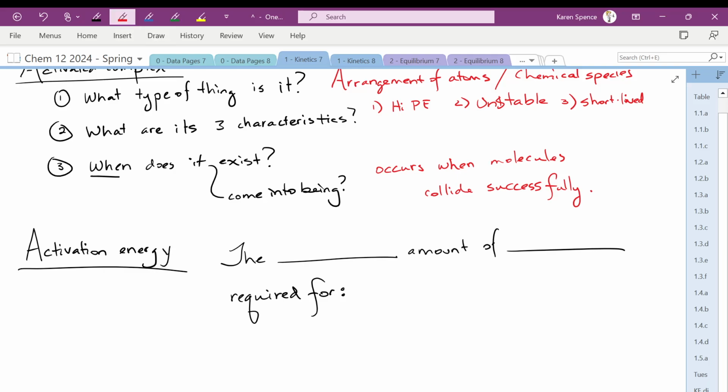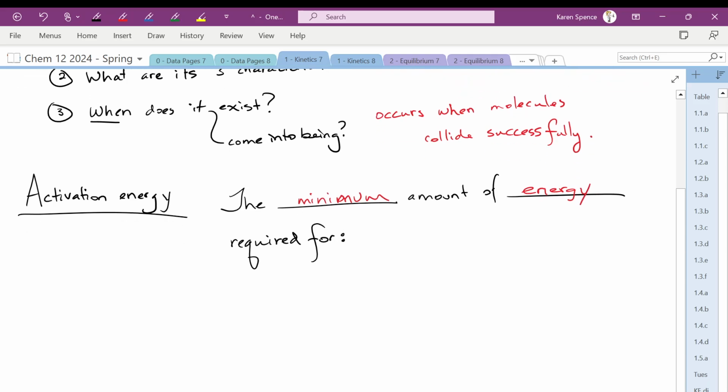Okay, it is the minimum amount of energy required for what? There are several choices that you could write here. There might be more than this, but let's go with these ones. A collision to be successful.